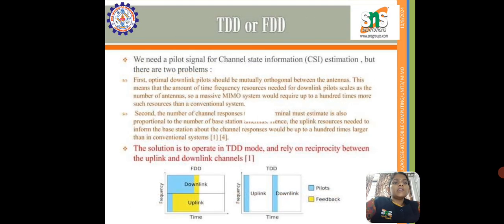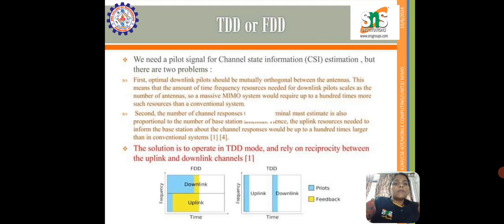Next is TDD or FDD. We need a pilot signal for channel state information estimation, but there are two problems. First, the optimal downlink pilots should be mutually orthogonal between the antennas, and this means the amount of time or frequency resources needed for downlink pilots scales with the number of antennas.